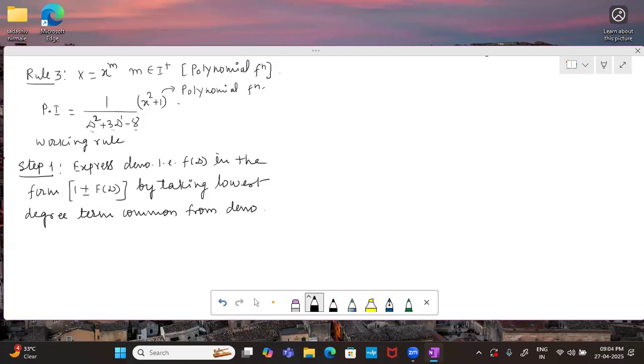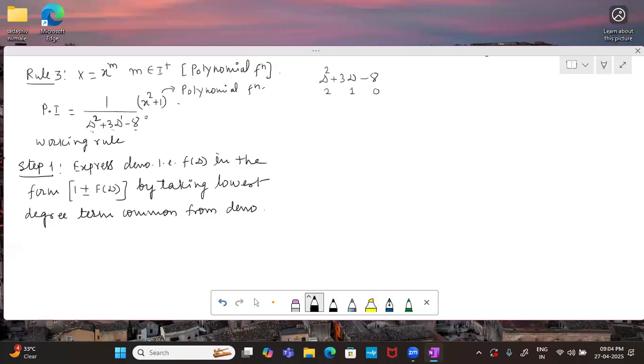And in the last term there is no d, so the power of d will be 0. So d square plus 3d minus 8: second degree term, first degree term, and 0 degree term. So which is the lowest degree term here? Either d square or 3d or minus 8.